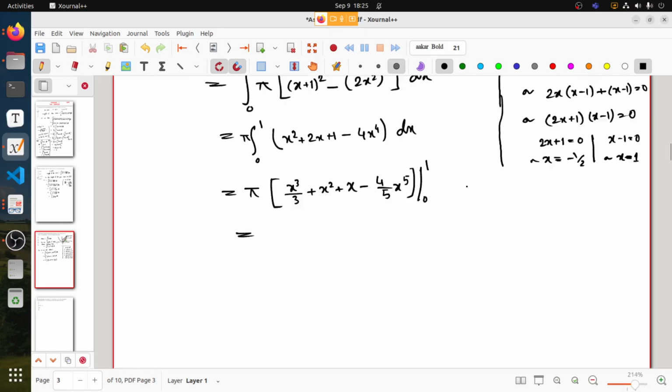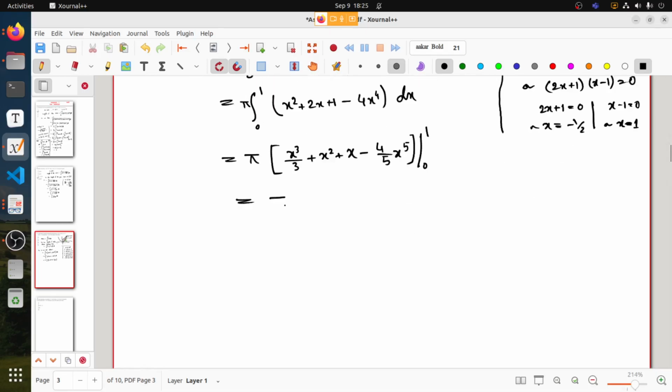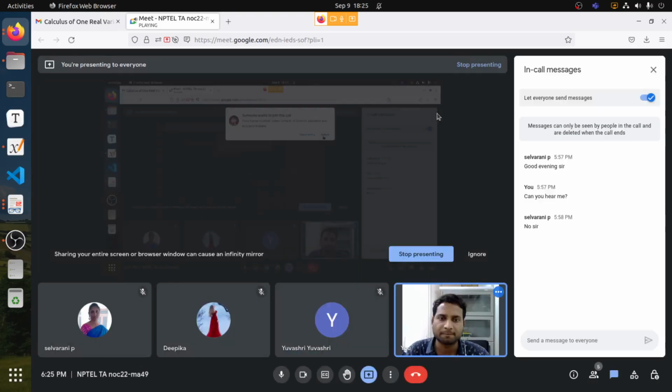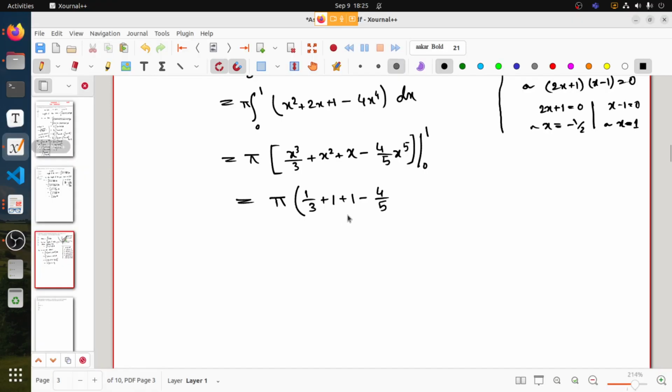Now if you evaluate the limit, you get pi times 1 by 3 plus 1 plus 1 minus 4 by 5. And if you put the limit 0, everything will be 0.